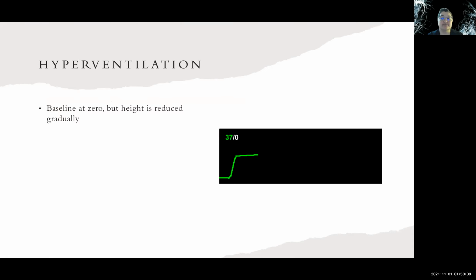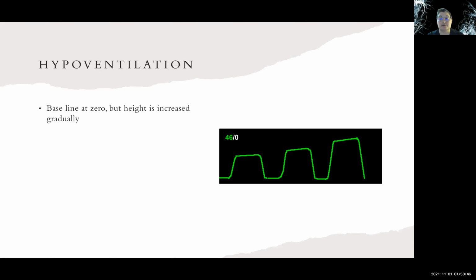With hypoventilation, again, our frequency and rhythm are going to be regular, but instead of decreasing height, with hypoventilation, it's going to increase. Again, each waveform will come down to 0, and their shape is generally pretty normal to what our normal adult would be like.